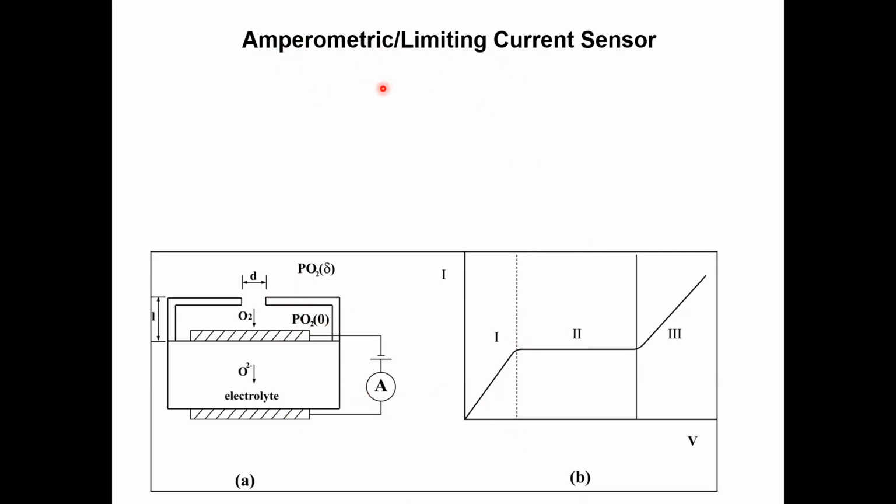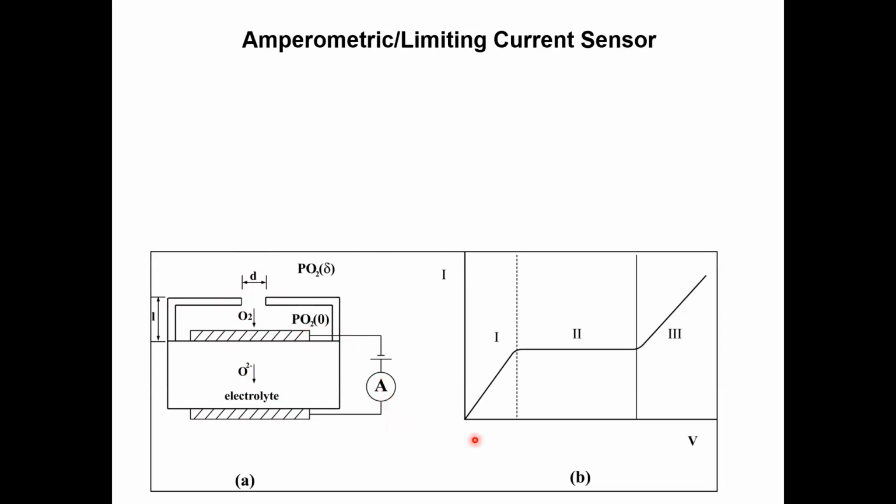In that case, you can use this amperometric or limiting current type sensor, which is designed by, again, taking an electrolyte, yttria-stabilized zirconia, with two platinum pads printed, and on one side, the platinum you isolate with a tiny hole.